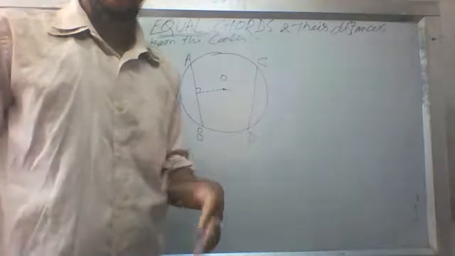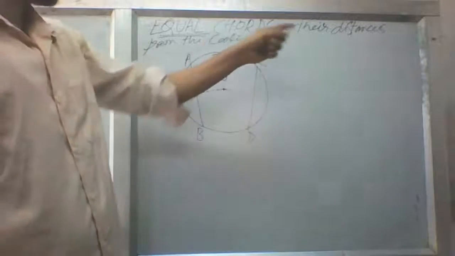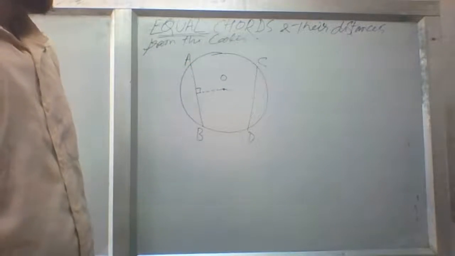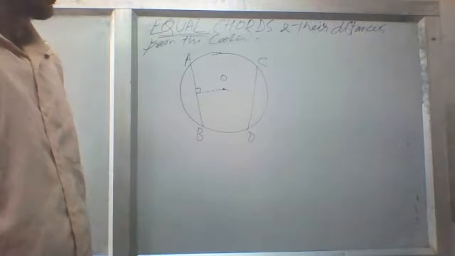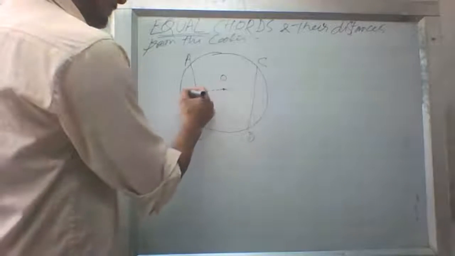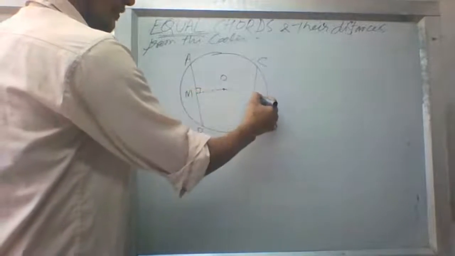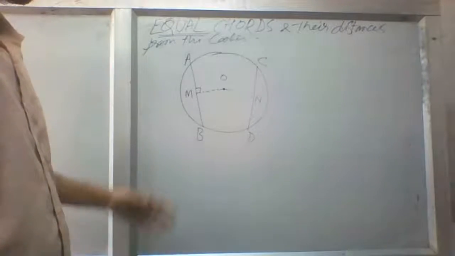Yesterday we went through that. Now what happens with two equal chords and their distances from the center? How will you prove that the distances are equal? Means OM and ON are equal. One diagram is this. Other diagram.